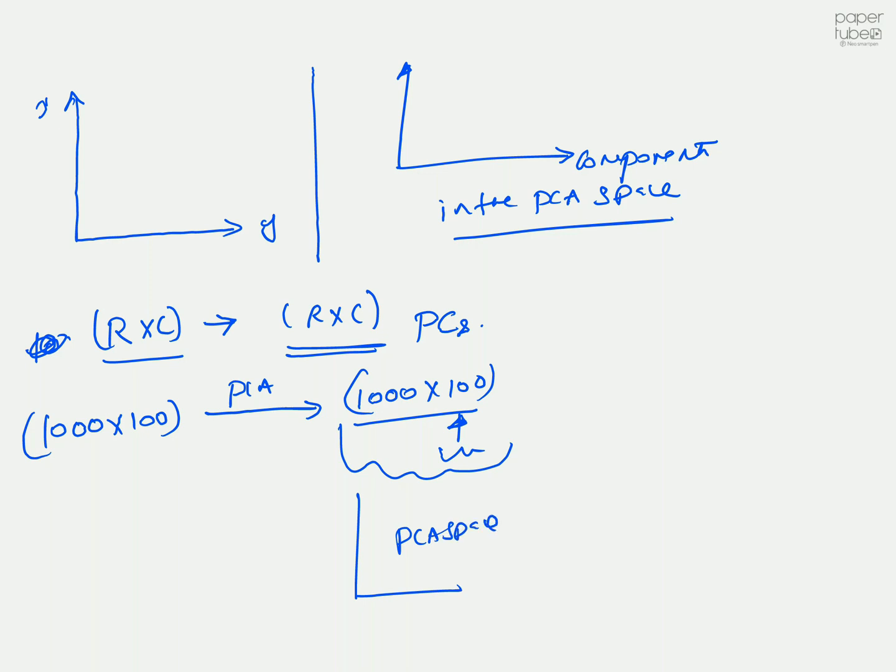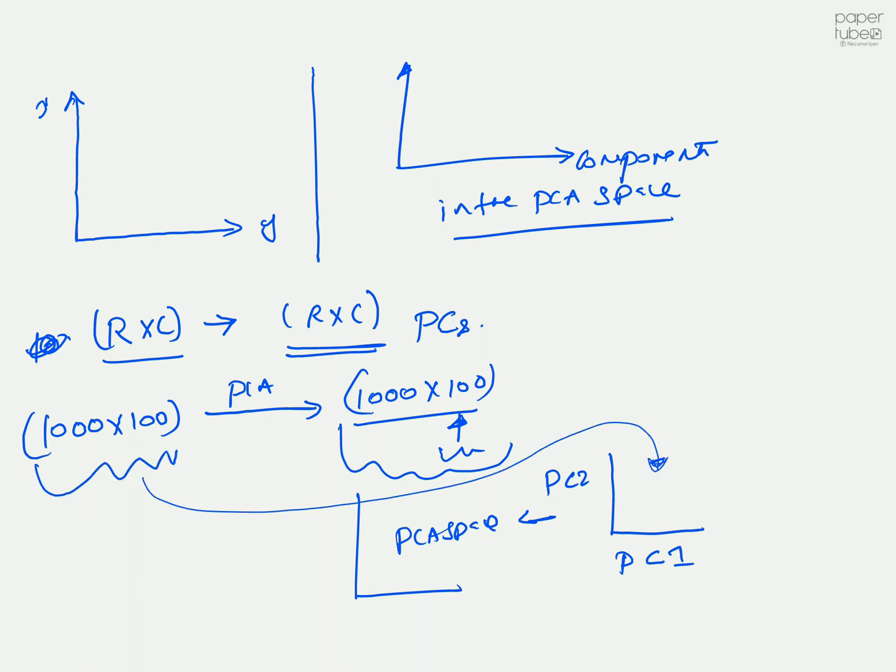So in PCA space, maybe only 2 dimensions, maybe principal component 1 and principal component 2. That may be enough to represent all the data in just 2 dimensions, and still we can represent all the data within this 2 dimension, within PC1 and PC2. So that's the beauty of the principal component analysis.